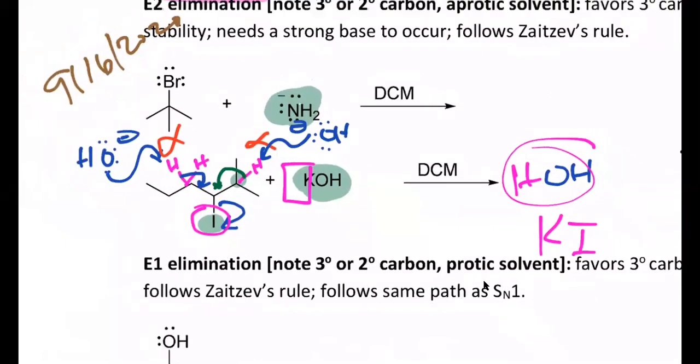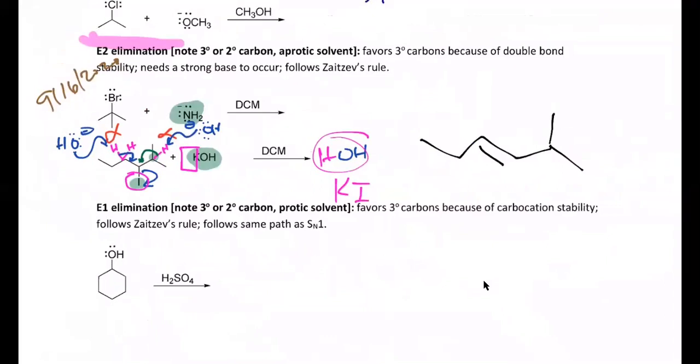And then that's one product, and the other product is going to look like this. Like that. And then, of course, you'll get another water and another molecule of KI. So if you want to put a 2 out here, that's fine.